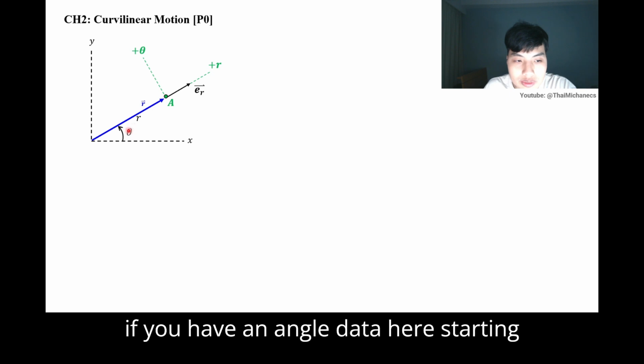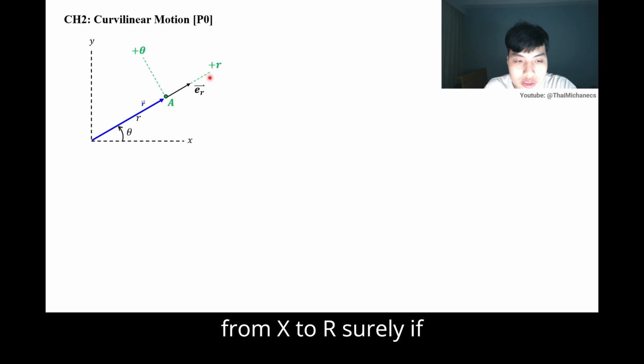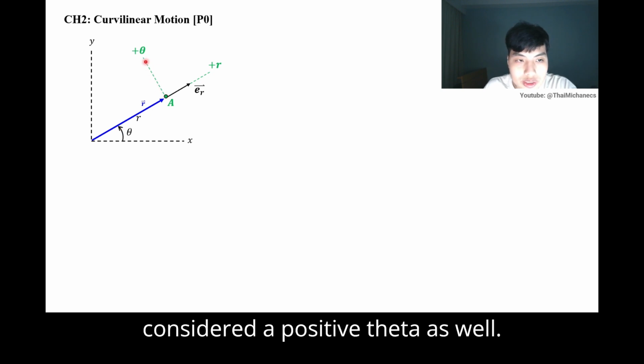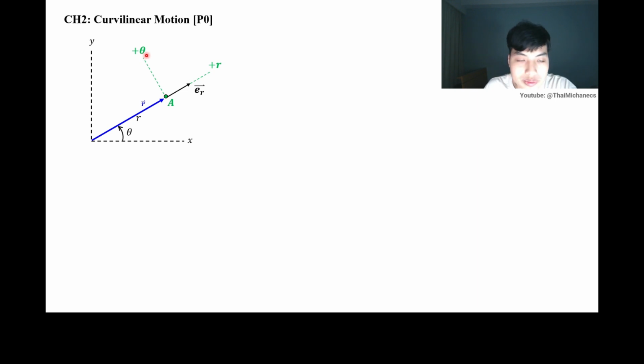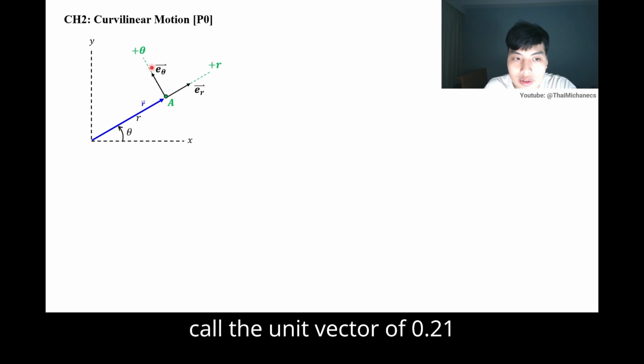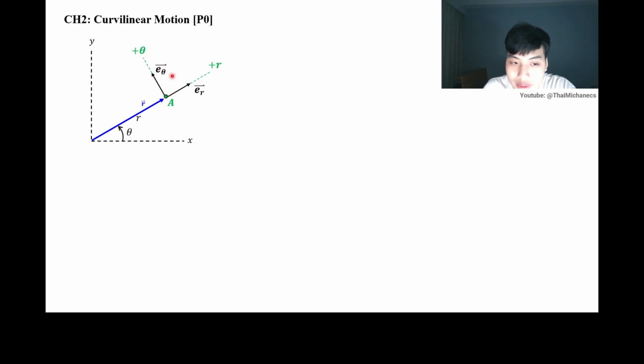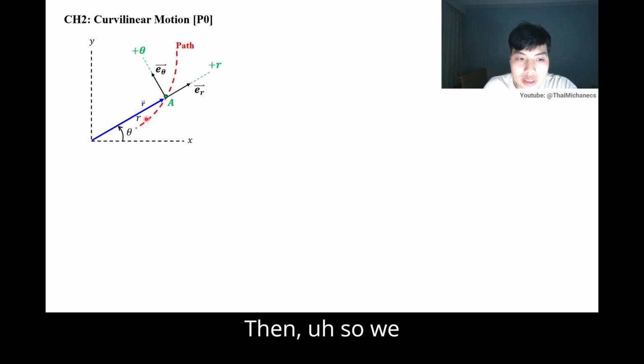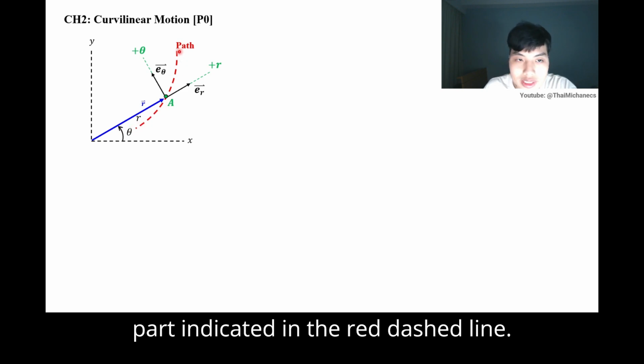Imagine an angle theta starting from x to r; if it rotates, this would be considered a positive theta as well. In the same sense, we call the unit vector pointing toward positive theta e_theta.